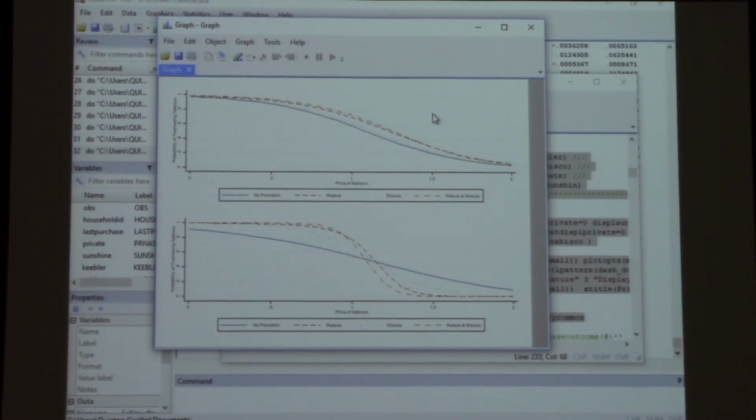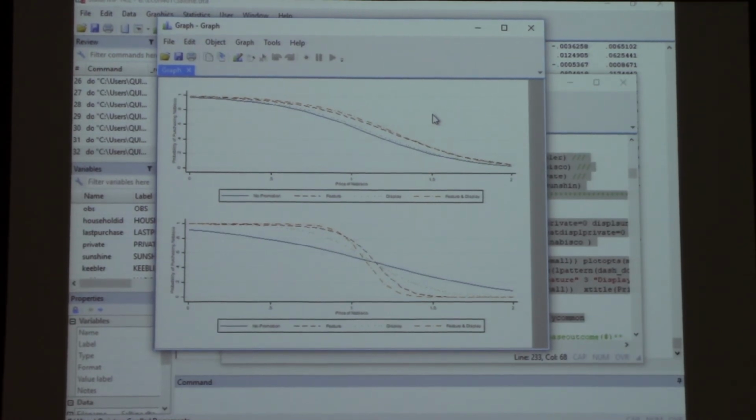But what does this bottom graph tell us? Remember, the average price of Nabisco was about $1. When we promote at a price above its average price, what happens?